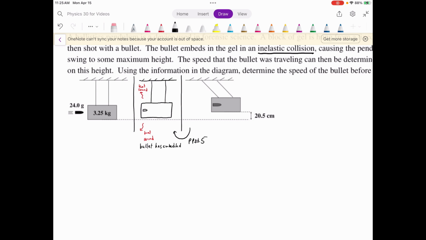Some mechanical energy, remember, mechanical energy is the sum of kinetic and potential, has already been lost as heat and sound. And that's what's going to allow us to set up a conservation of energy calculation, because now it's lost its heat, its sound, it's just kinetic energy.